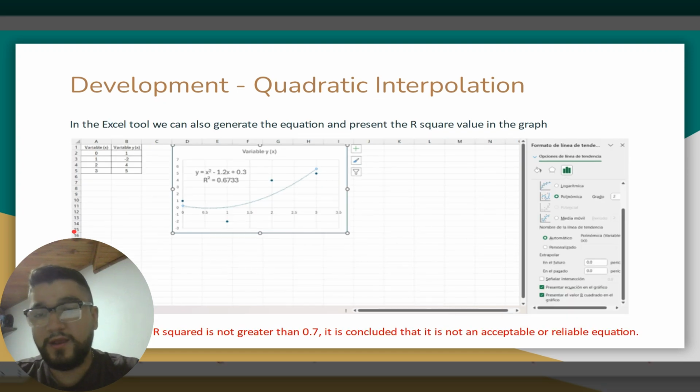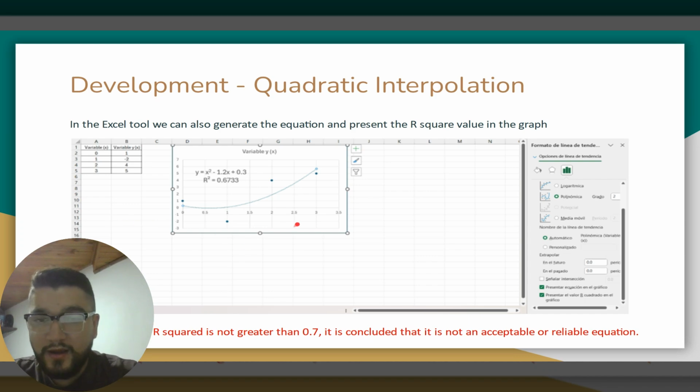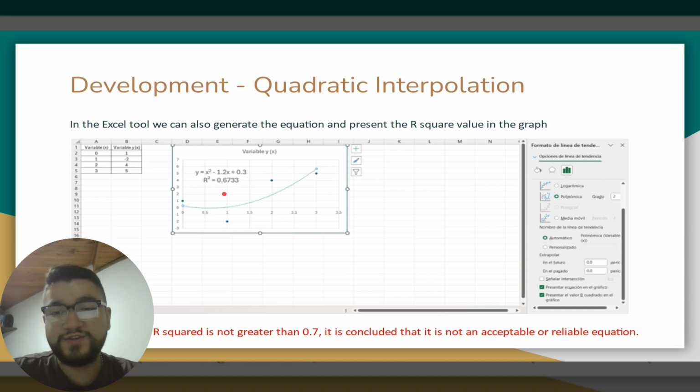In the Excel tool, we can also generate the equation and present an R squared value in the graph. R squared equal 0.6, and equation y equal x squared less 1.28x plus 0.3.